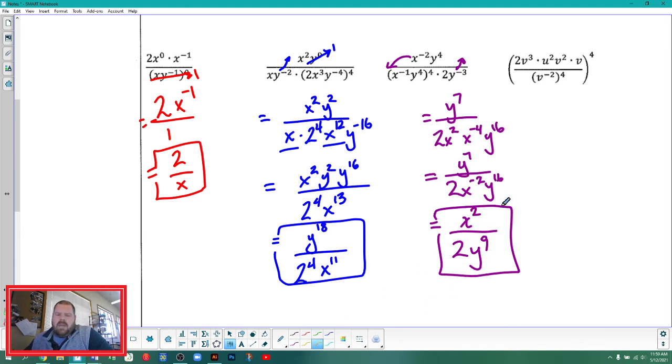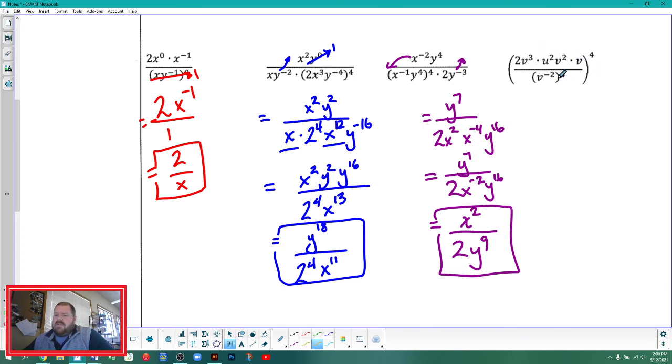Okay. Last but not least, I've got an ugly one. I think we're going to try to simplify inside the parentheses before we try to pull that 4 into everything. I'm going to hold on to this outside 4 out here because I do have a lot of weird stuff going on in here, and I can definitely simplify that.